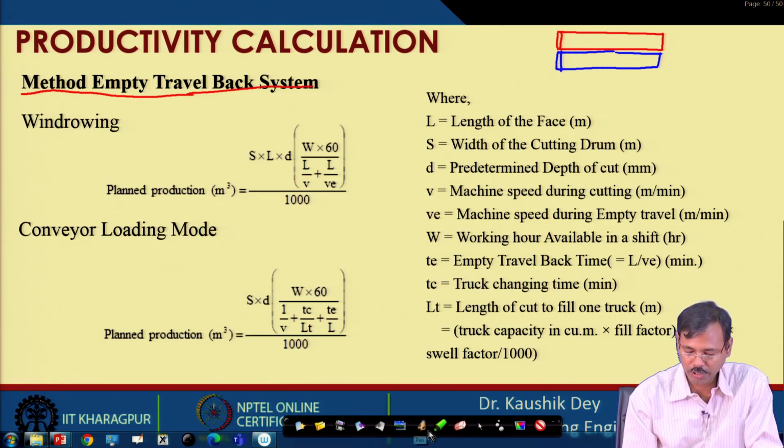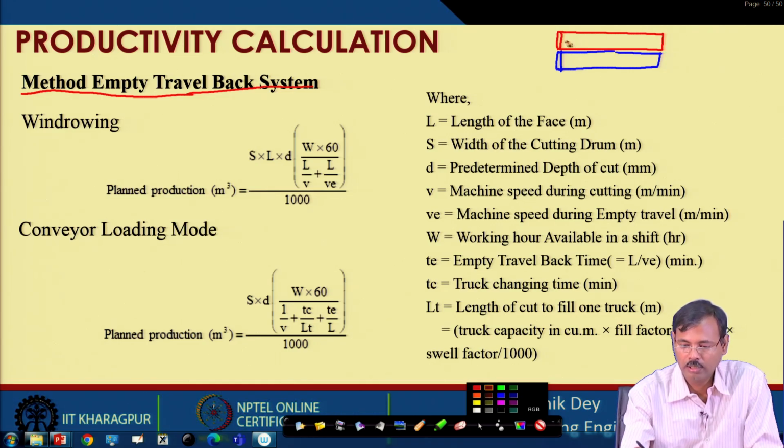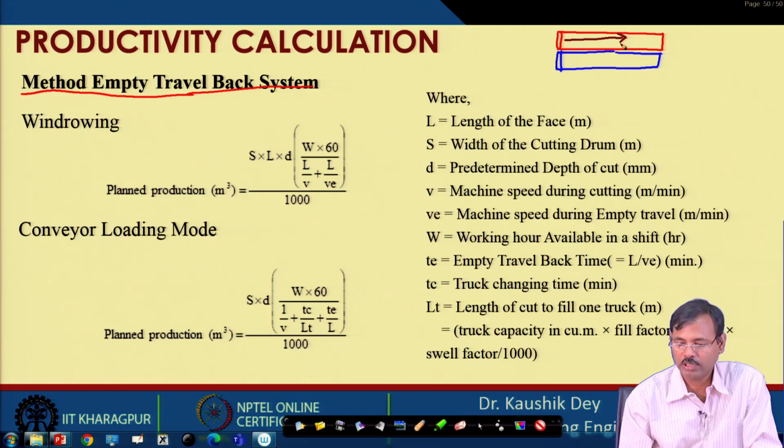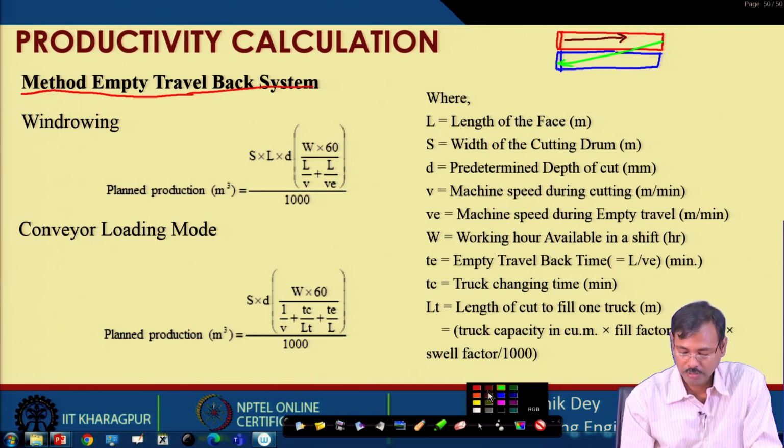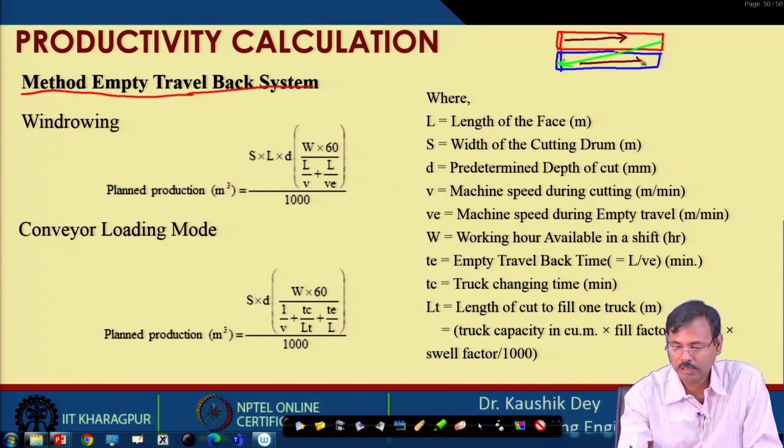First, the material is cut from this direction to this direction, then there is an empty travel from this to this, and then again there is a cutting from this direction to this direction.